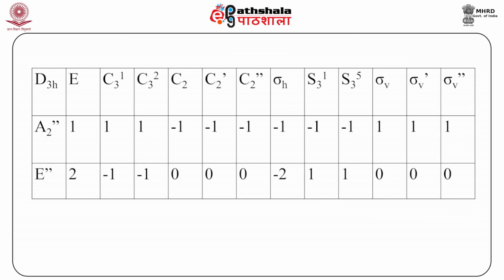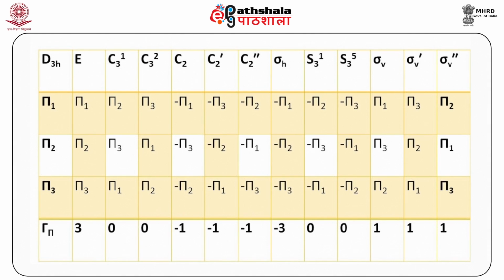Table 1 gives the effect of transformation operators corresponding to various symmetry operations of the D3h point group on 3 p pi orbitals. For example, if we take the operation E, what you will find? Pi 1 remains pi 1, pi 2 remains pi 2, pi 3 remains pi 3, and the net effect overall is 3 because these are not shifted.